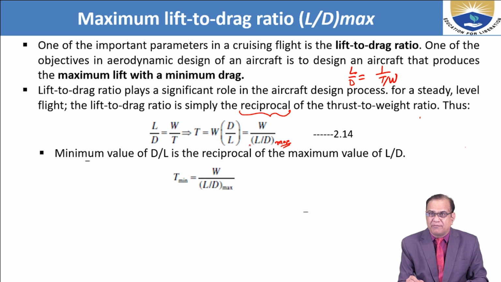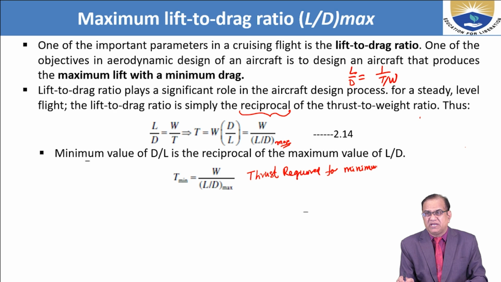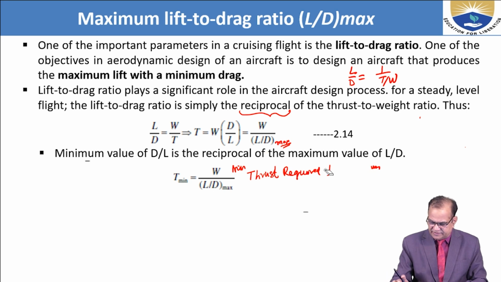If this number is highest, your T will be minimum. This T minimum is also called the minimum thrust required. You can write here minimum thrust required.